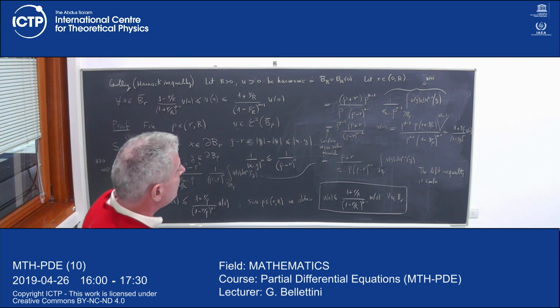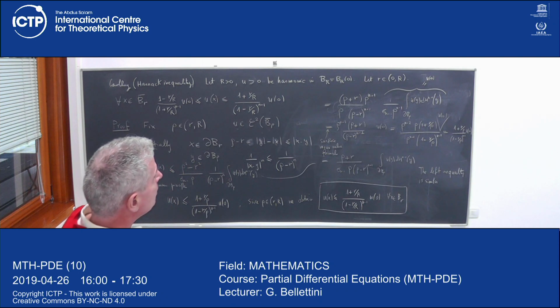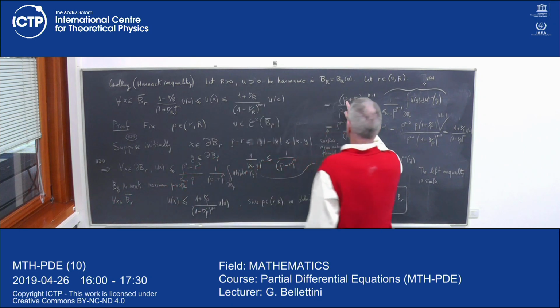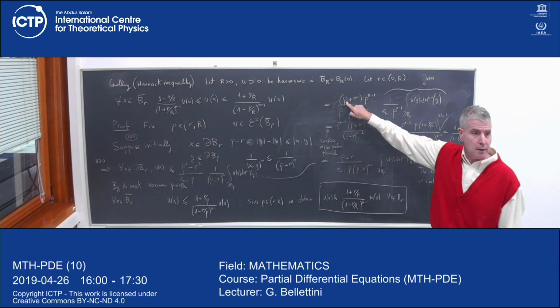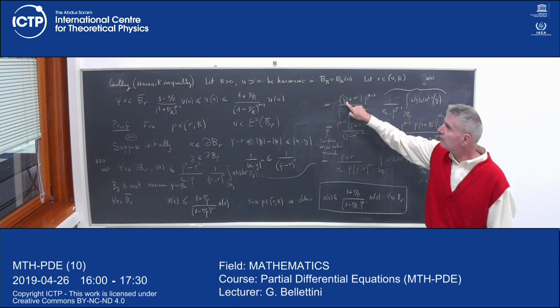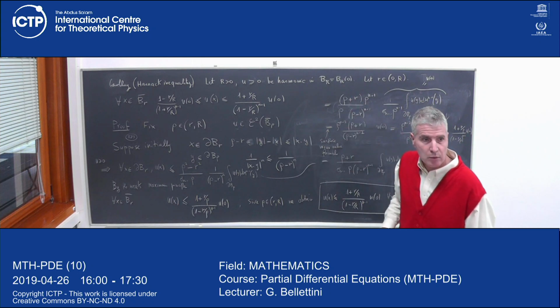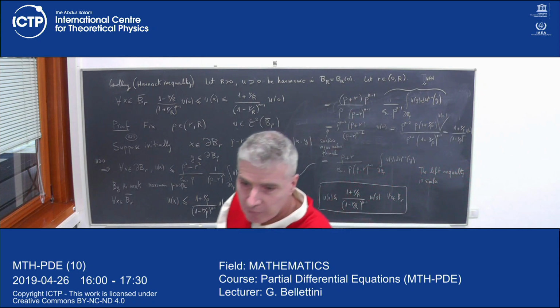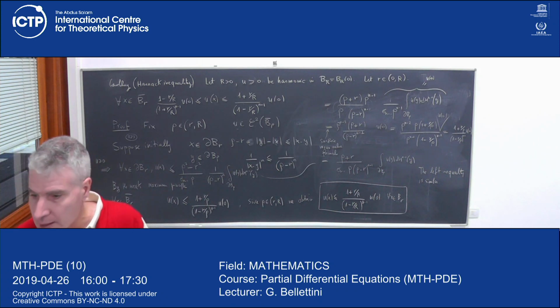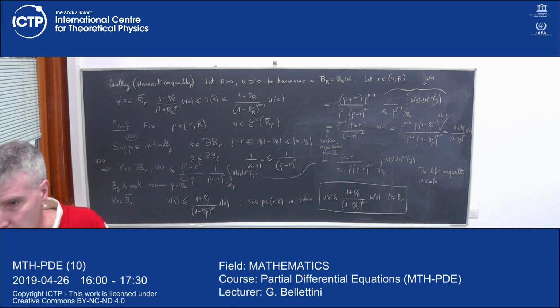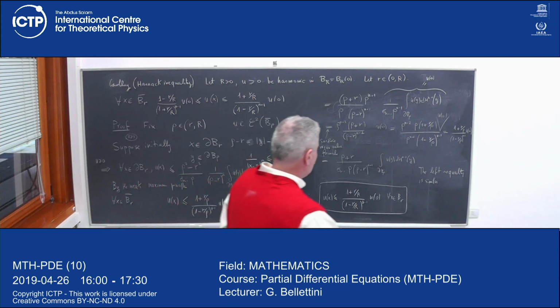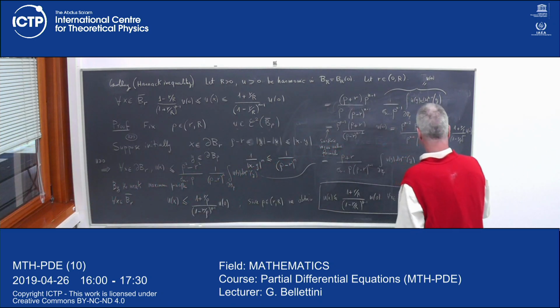Maybe we could directly take it. No, we cannot directly take small rho equal to capital R. This is because I don't have any information on the boundary values, on the smoothness up to the boundary. So I am forced to fix an intermediate rho where I am surely smooth up to the boundary. Just a small remark.